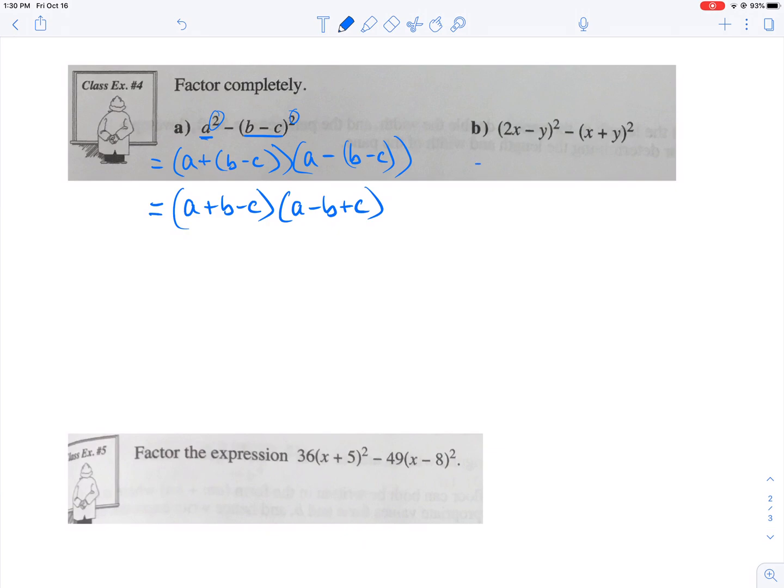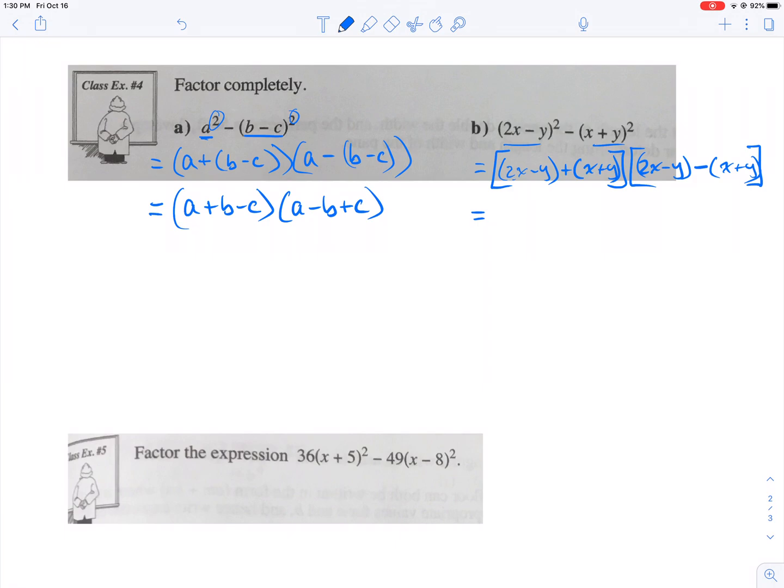All right. This one's going to be quite interesting because we have another difference of squares, but we have two binomials. So let's see what this looks like. So we've got, I'm going to use square brackets because I'm going to use a lot of round brackets inside. So I have 2x minus y plus, and 2x minus y minus x plus y, x plus y.